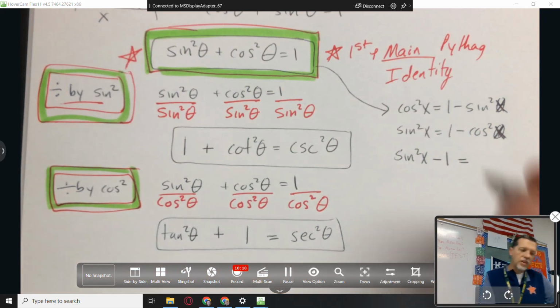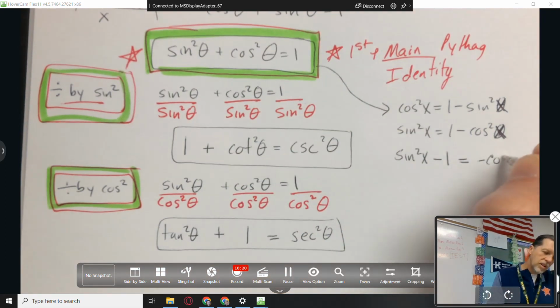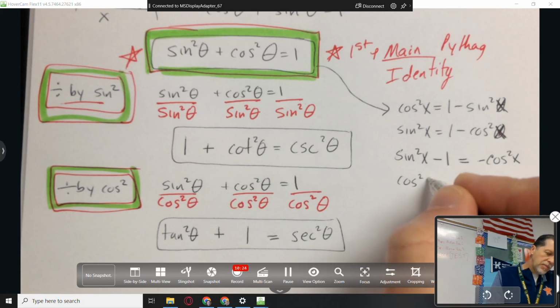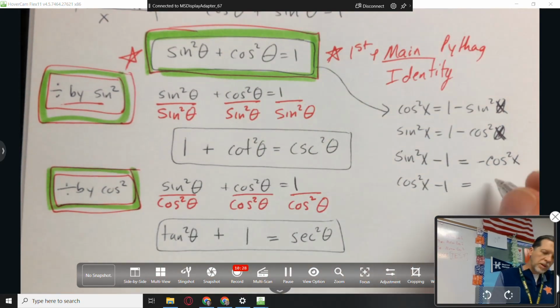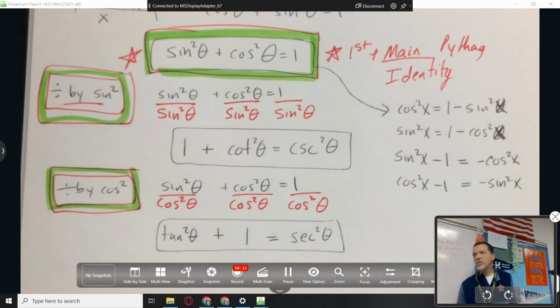So it'll be negative cosine squared. And same thing with cosine. Cosine squared minus 1 would be negative sine squared. But these, don't memorize those. Just be aware that sometimes you have to move things around to get what you want to get.